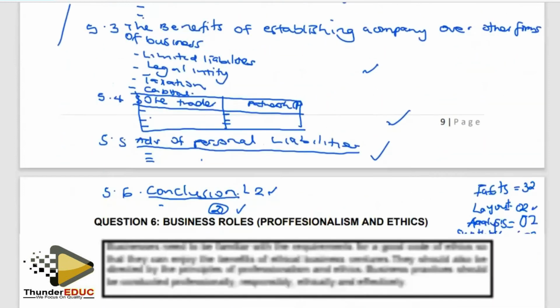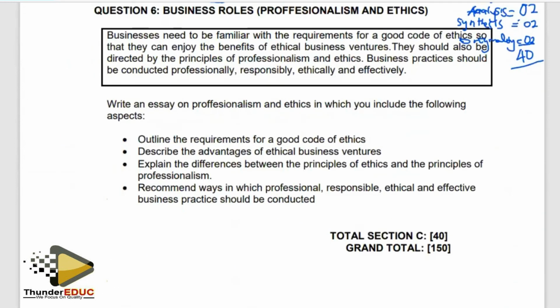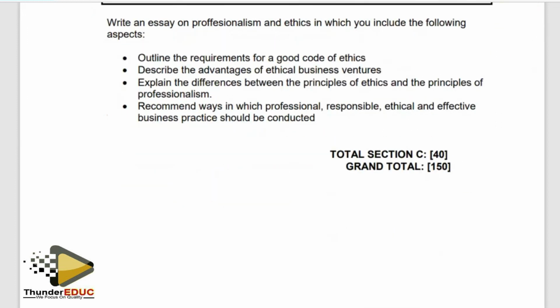Headings are very crucial because they award you marks for analysis, and try to give most relevant answers because they will help you to earn 3 marks of synthesis so that you can get 40 marks. Very important. For example, just as a reminder, make sure that you don't get lost. Just another example here.